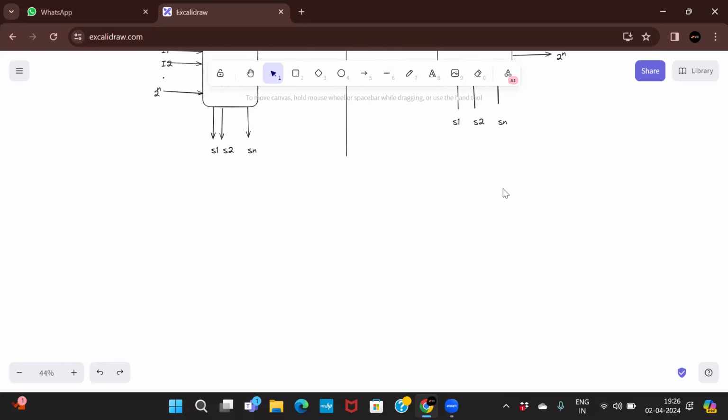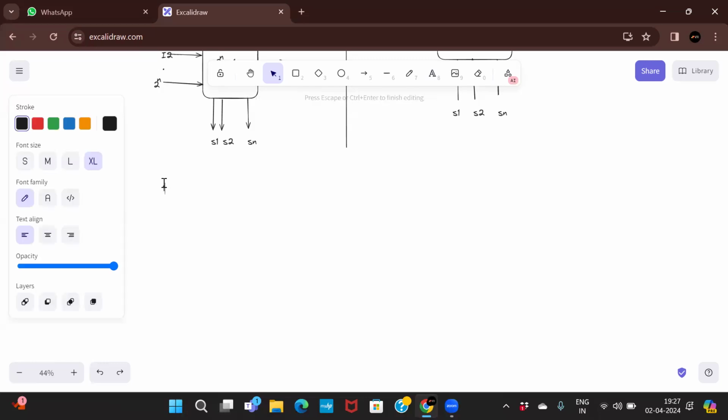We have different configurations of multiplexer: 2:1, 4:1, 8:1, or 2 power n to 1. So n number of multiplexers we can design. We'll discuss 2:1 first. What is the value of n here?